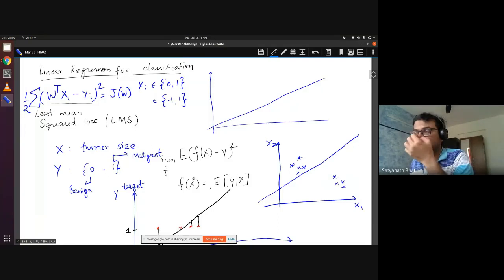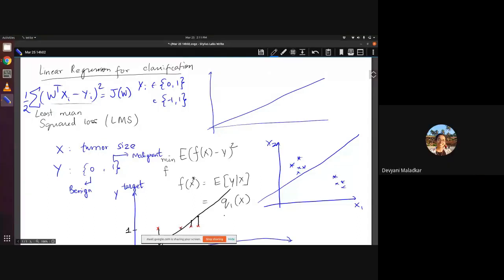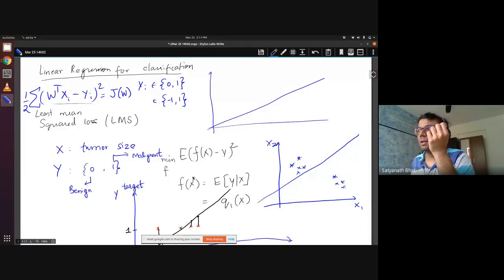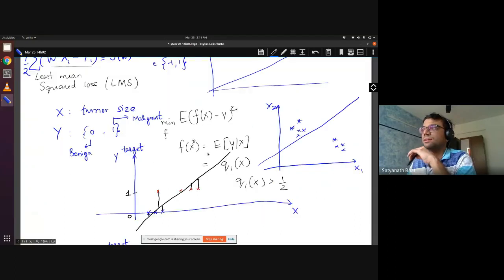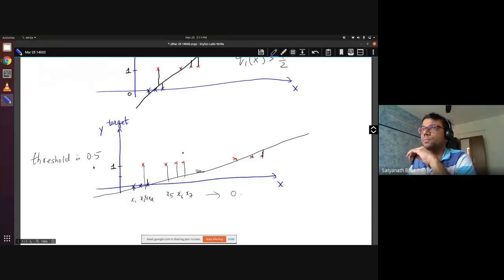You remember this. So here in the case of classification, it will be q1 of x. Now if you have to do it properly, you will report 1 when q1 of x is greater than q0 of x, or in other words, q1 of x is greater than half, right? So that's the threshold I'm talking about.